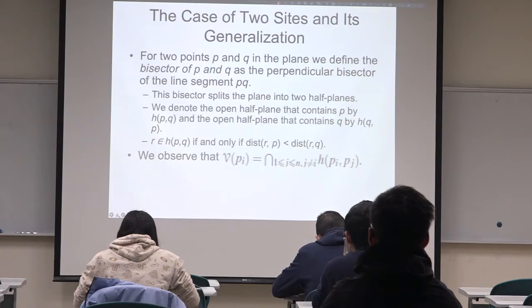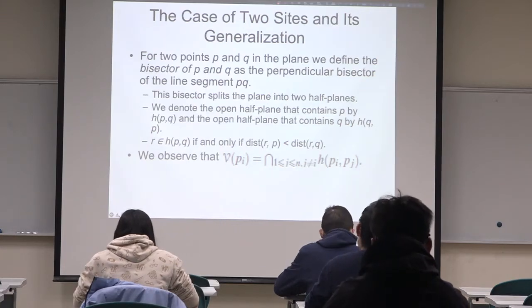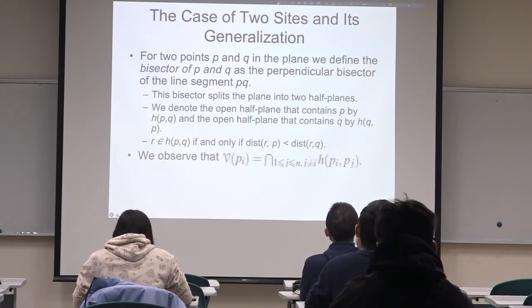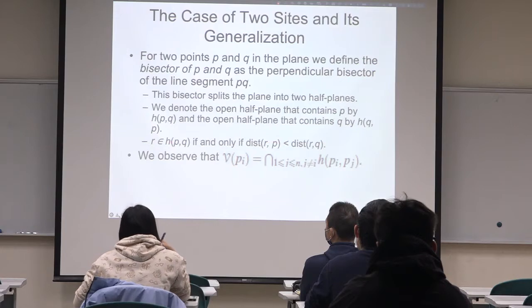Basically we compute the half planes, and then for each site we try to calculate its cell by using this idea, right?